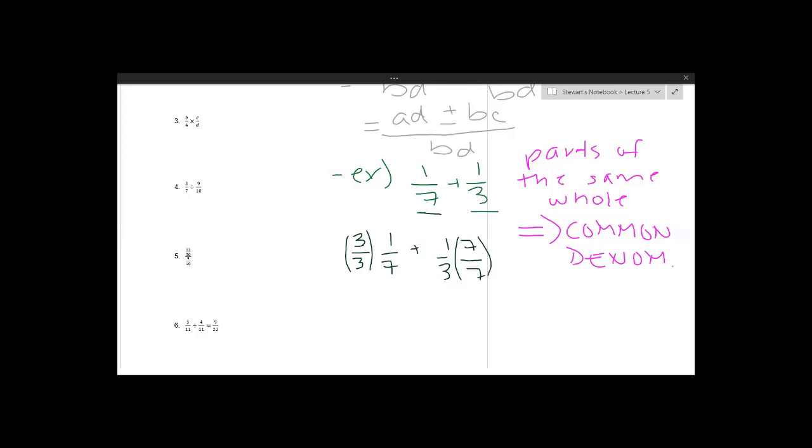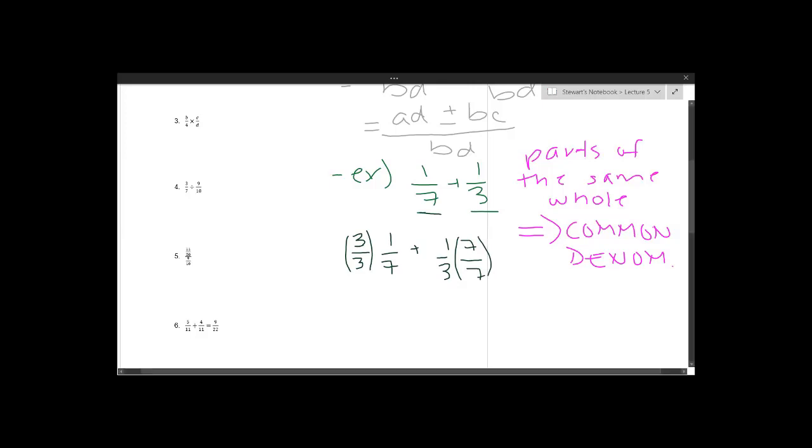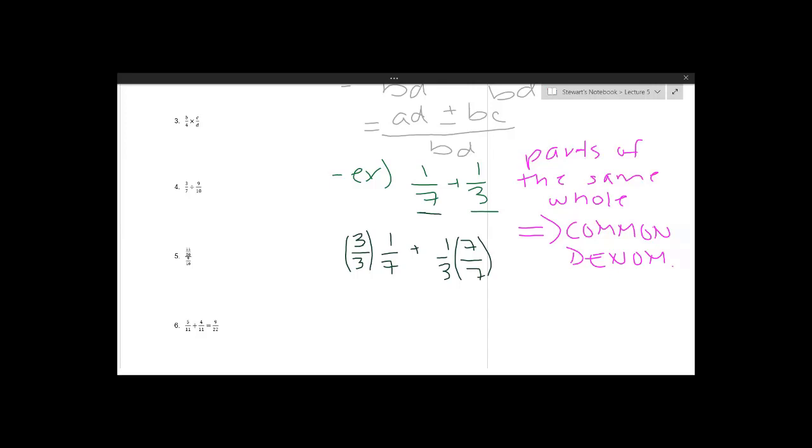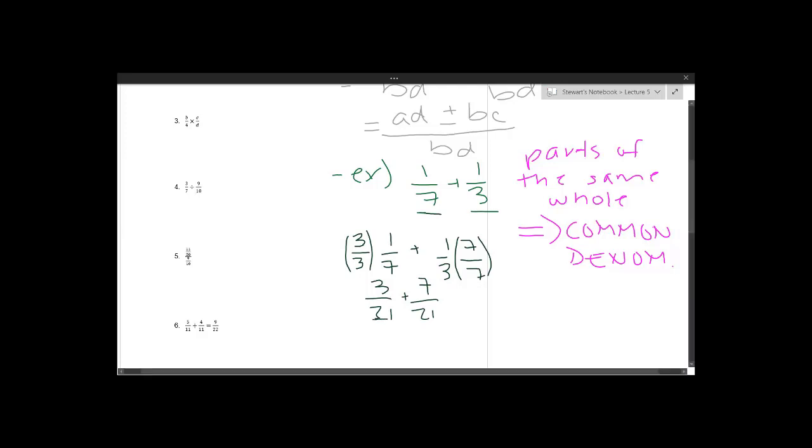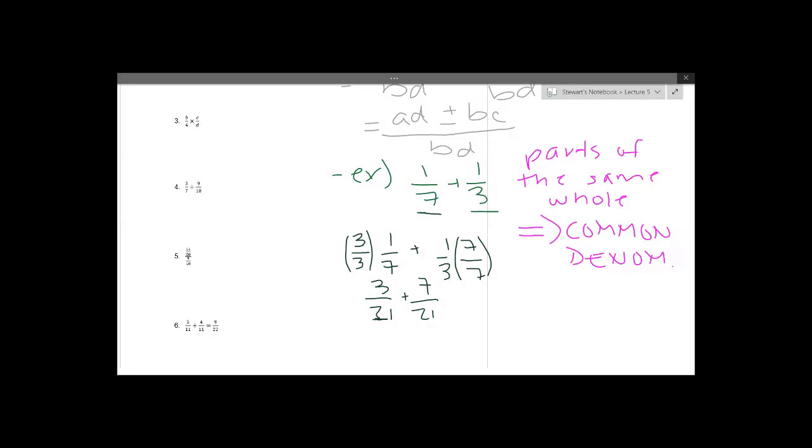When we multiply the numerator and denominator by these, that's what we're doing over here. We're multiplying the numerator and denominator by the same number. We're going to end up with 3/21 plus 7/21.